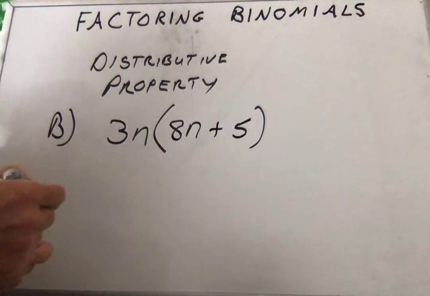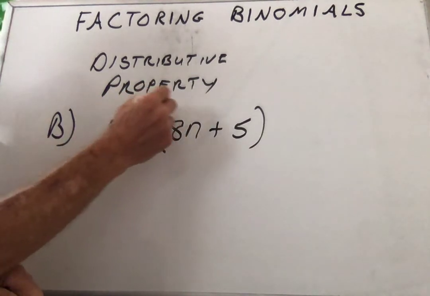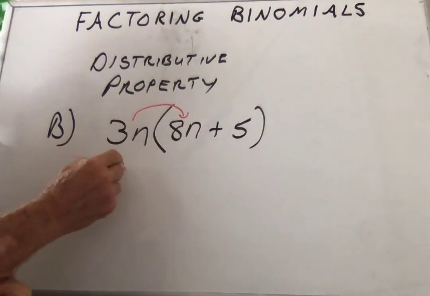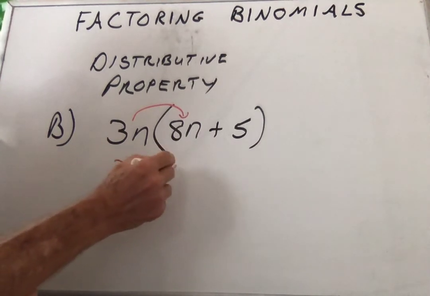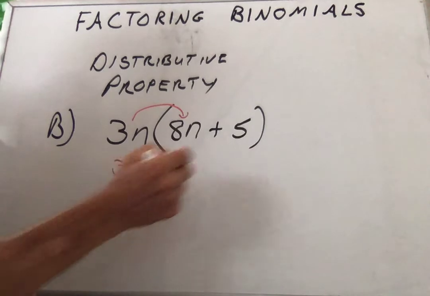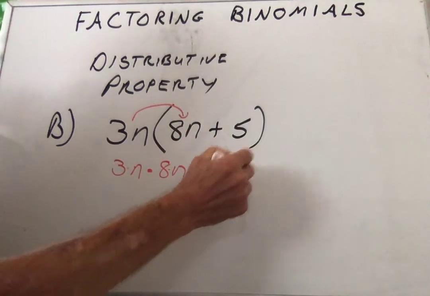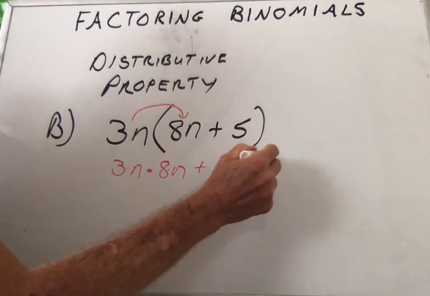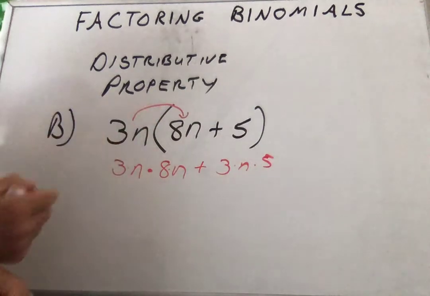Okay, now this is very important here. So what I'm going to do is, well, I'll draw the arrow, but what that is, is 3 times n times 8 times n, then plus 3 times n times 5. So these little times n things aren't written, you just see 3n.